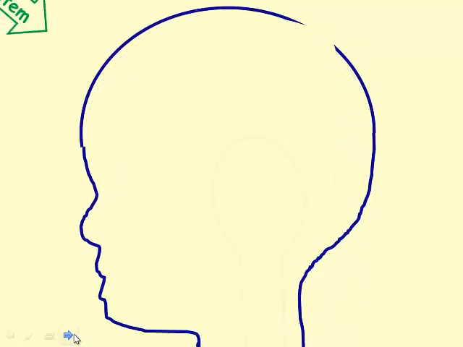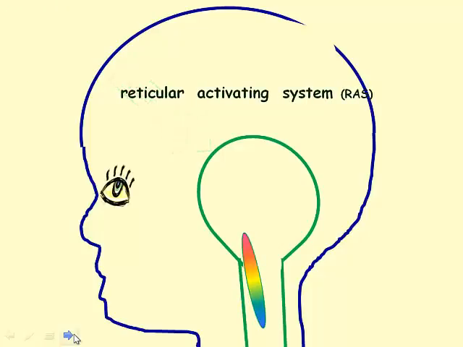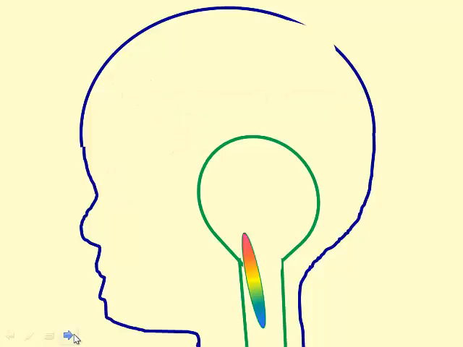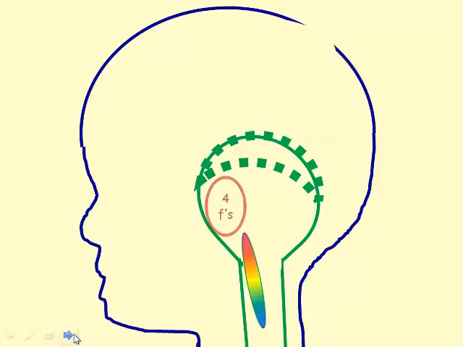Just below the thalamus is an area known as the hypothalamus. Hypo means below, like a hypodermic needle delivers medicine below the skin. The hypothalamus is also known as the pleasure center and is involved with all addictive drugs and addictive behaviors.